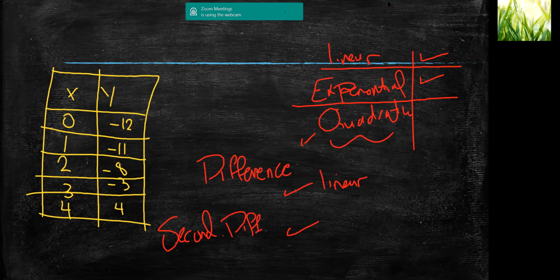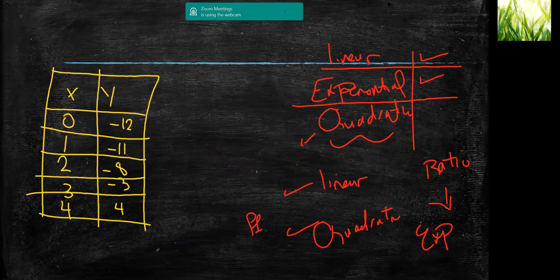If the second difference works, I will say it is quadratic. If not the first and not the second work, I will go to use the ratio. If we have a common ratio, we say that we have an exponential function. So let's see now these examples here.